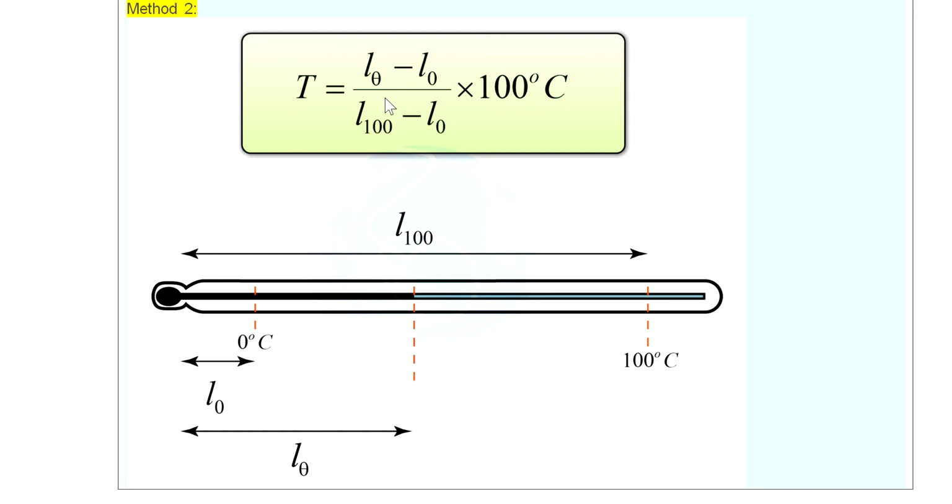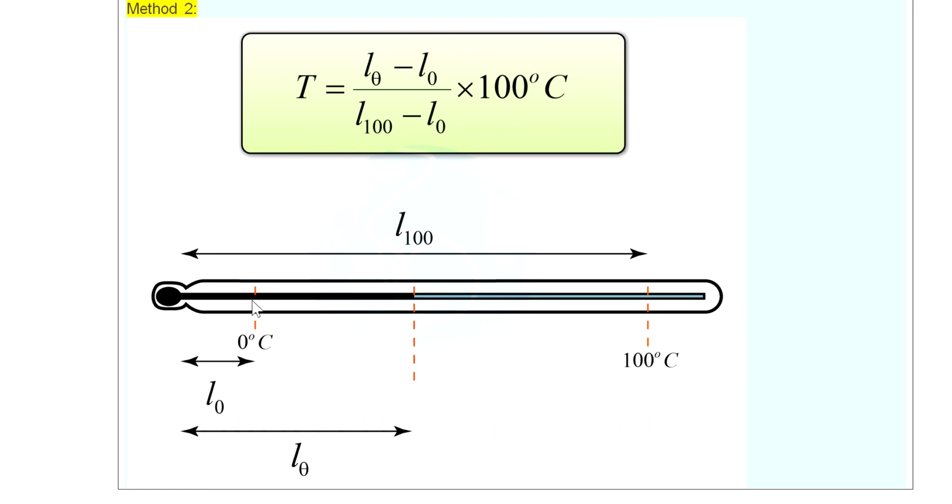Now students, the question arises, what is L naught or L0? L0 is this length. When the thermometer was inserted in pure ice, the liquid level decreases and reaches this point, which is marked as 0 degrees Celsius.